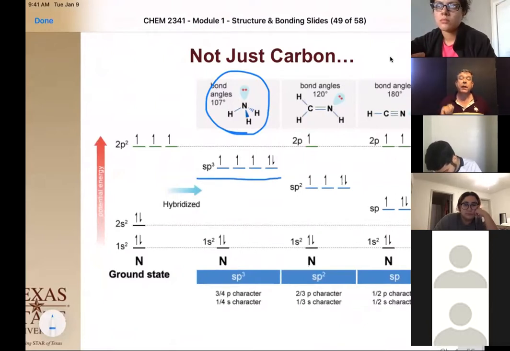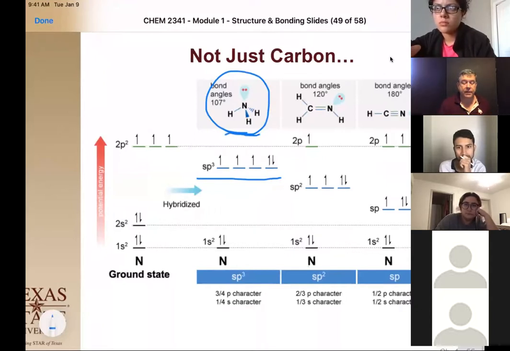We just have 2 electrons in one of those orbitals giving us that lone pair. But we have 3 other orbitals that are allowed to bond with other atoms, okay? So nitrogen also has sp3, sp2, and sp hybridization.